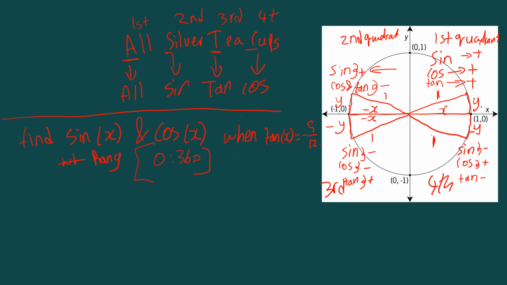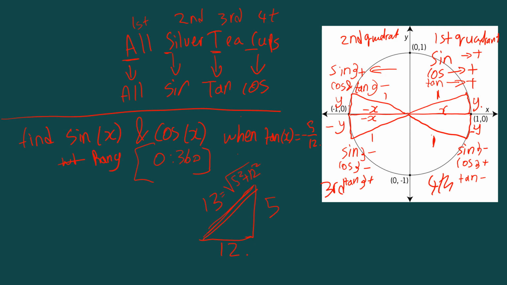Okay, so first, just ignore the minus for now. First you have to draw a triangle. Tan is opposite divided by adjacent, so 5 in here, 12 in here, and the square root of 5 squared plus 12 squared is basically 13, so the hypotenuse is 13 using Pythagoras theorem. I'm just going to write it just in case you get confused.